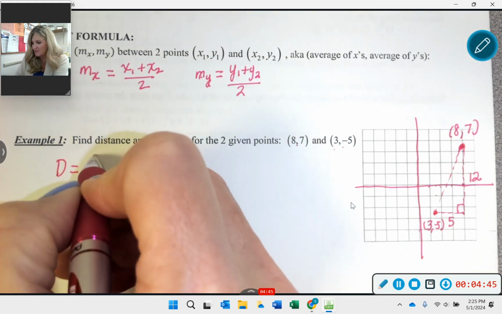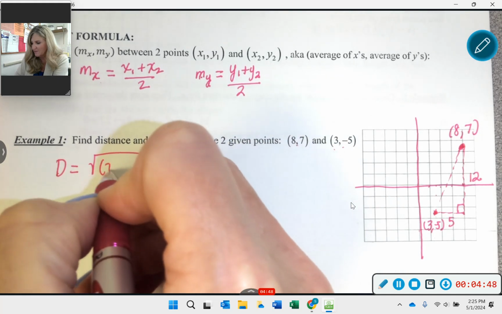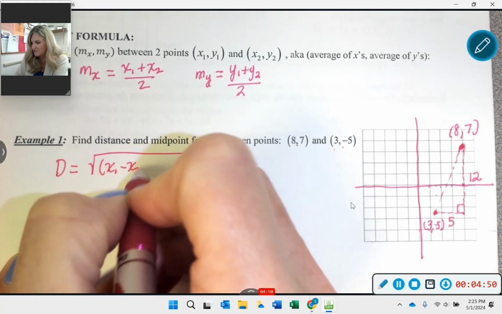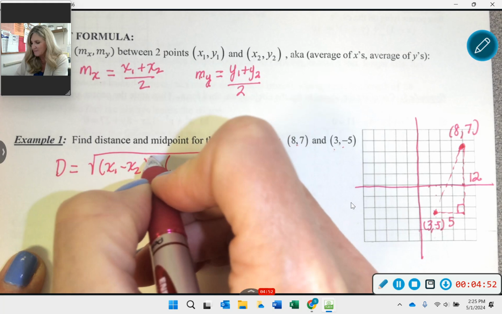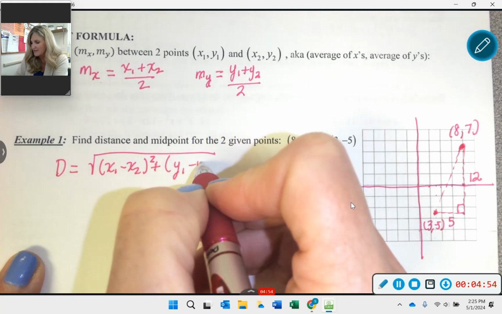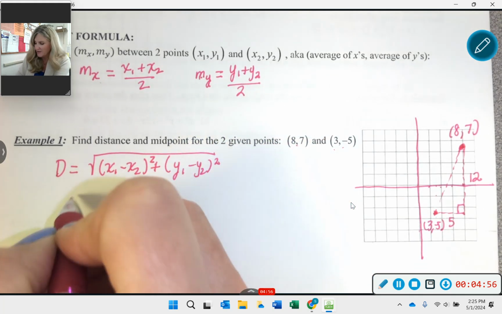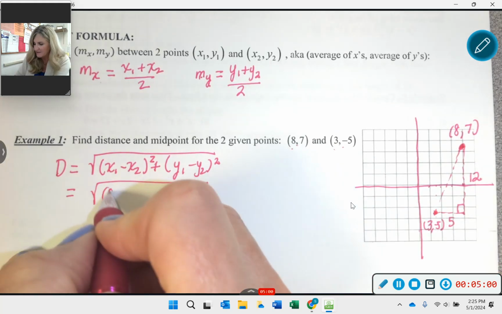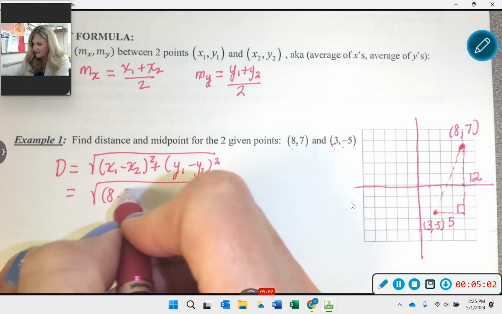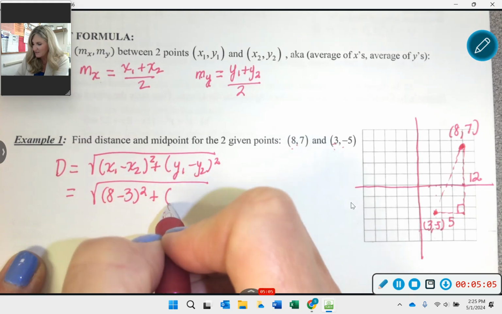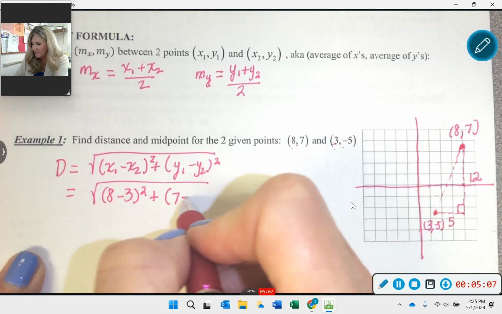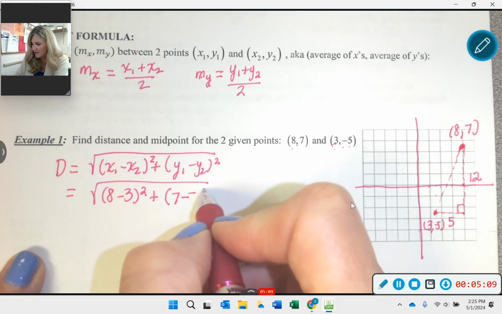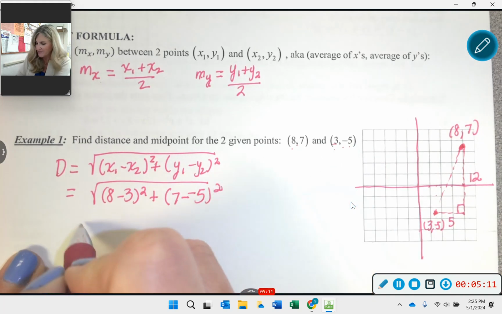Now, I could find that distance by using my formula. The distance formula says it's the square root of the difference in the x's squared plus the difference in the y's squared. Plugging in my values, I'm going to do my first x minus my second x squared plus my first y minus my second y squared.